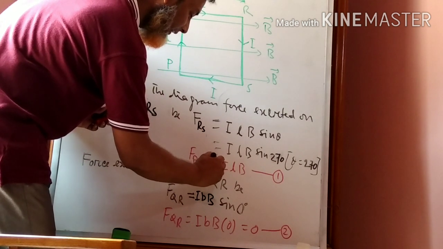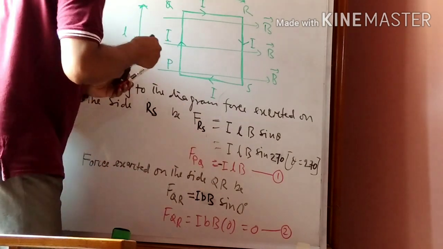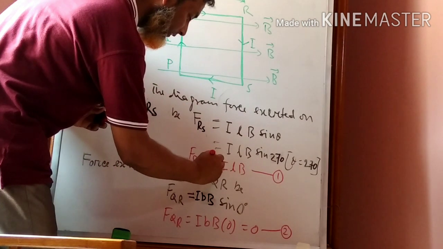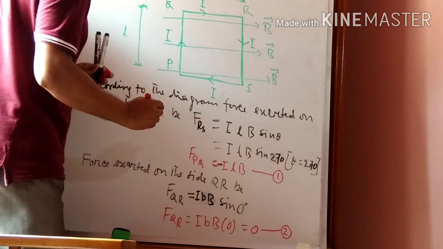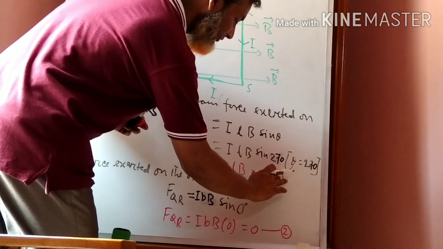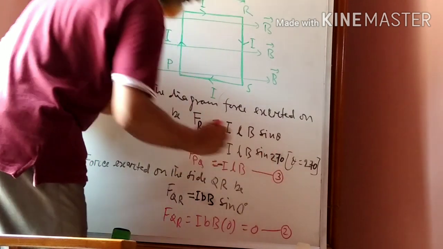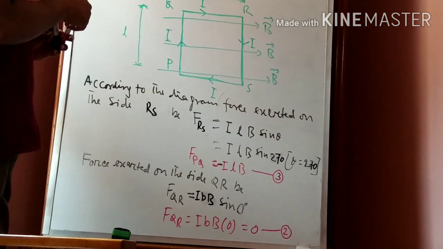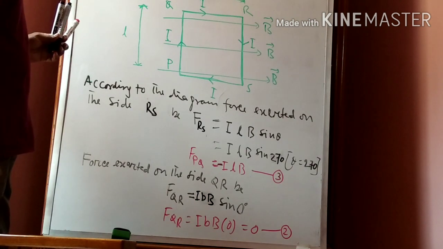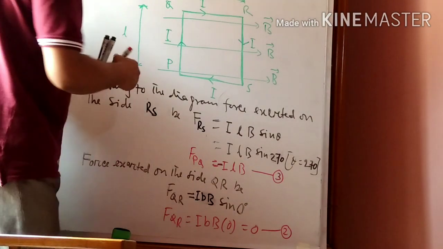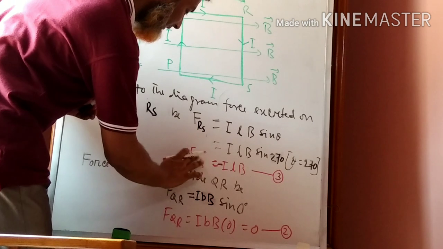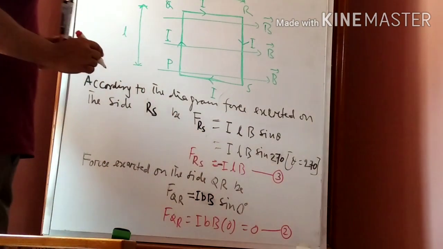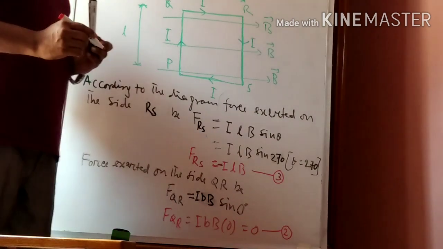That's why we write here F_RS equals minus I L B. This is equation number 3. So this part is again, we get how much force is exerted on the side RS. So F_RS is minus I L B.